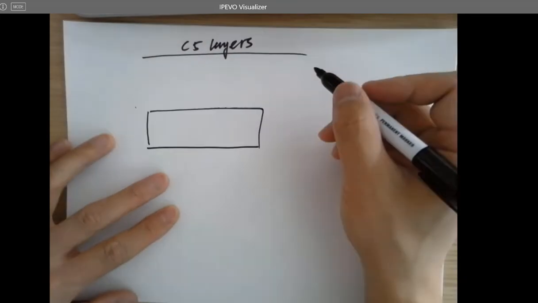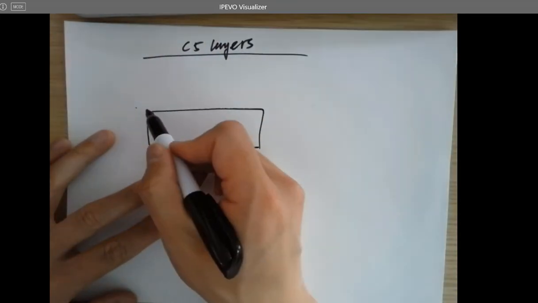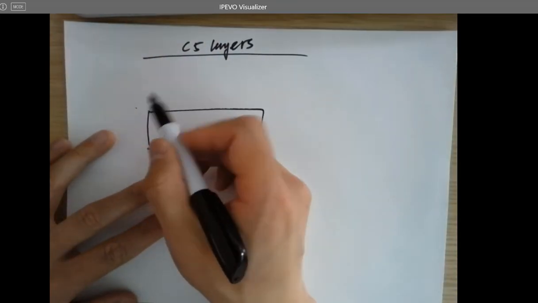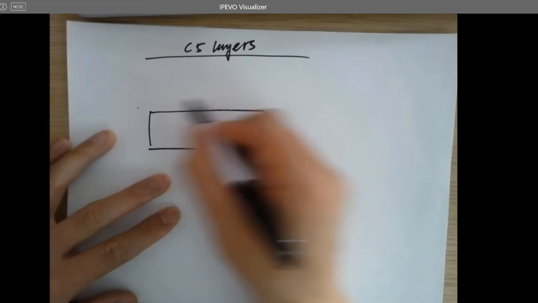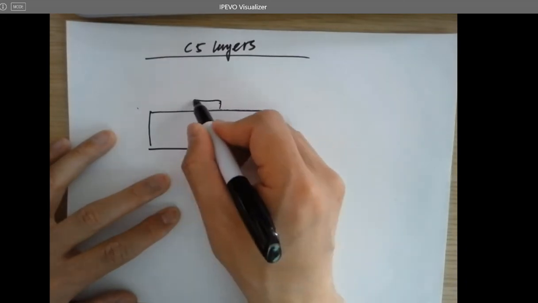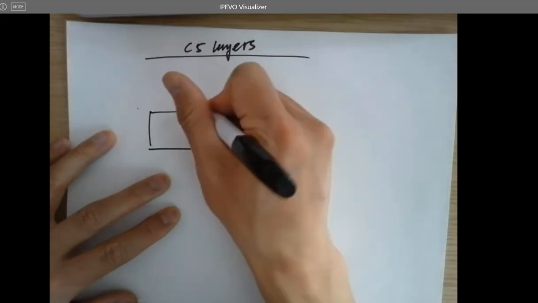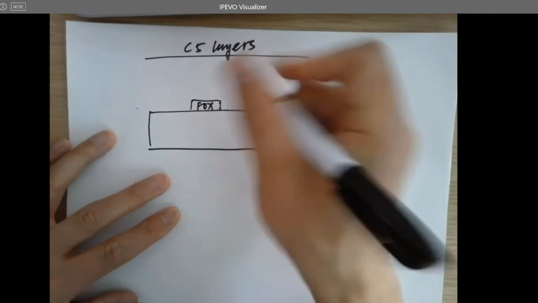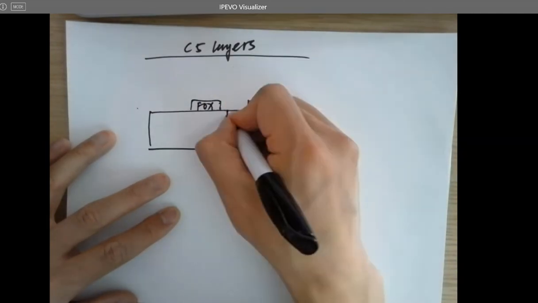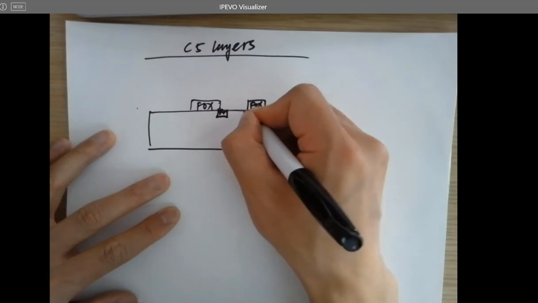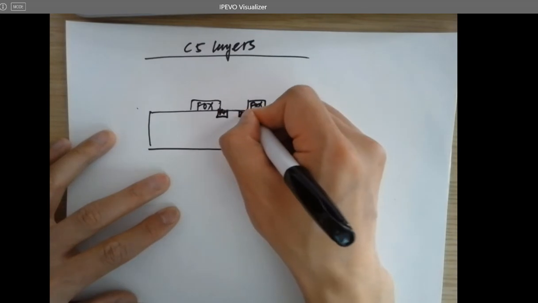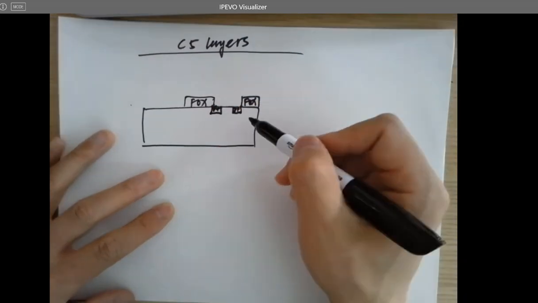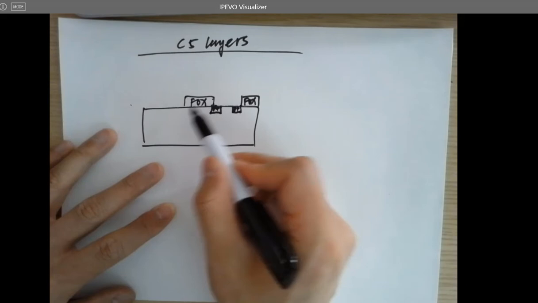On the top of it, there's a layer called Fox, and there are openings for the Fox where you can dope all these P plus and N plus. Normally when I draw a transistor, I just ignore all these Fox layers, but they do exist.